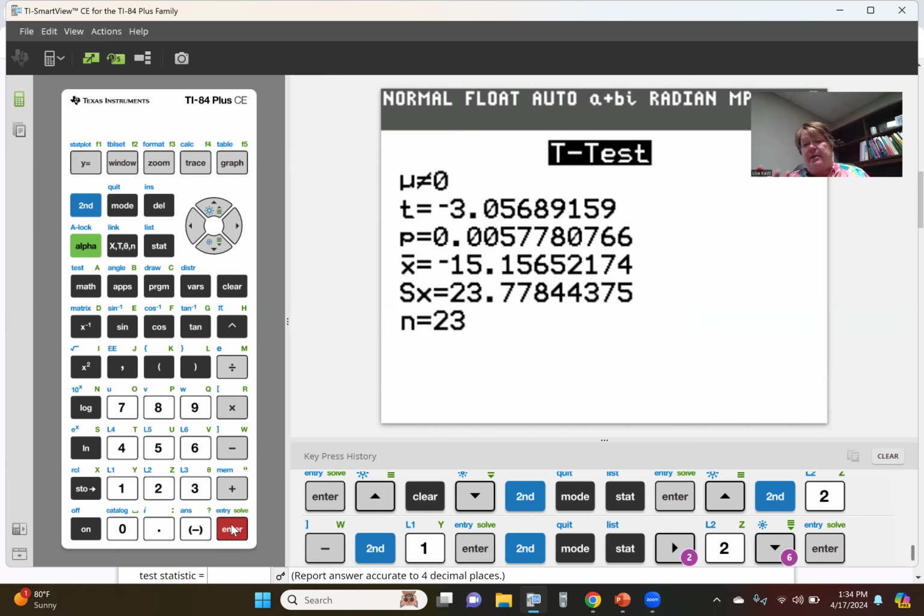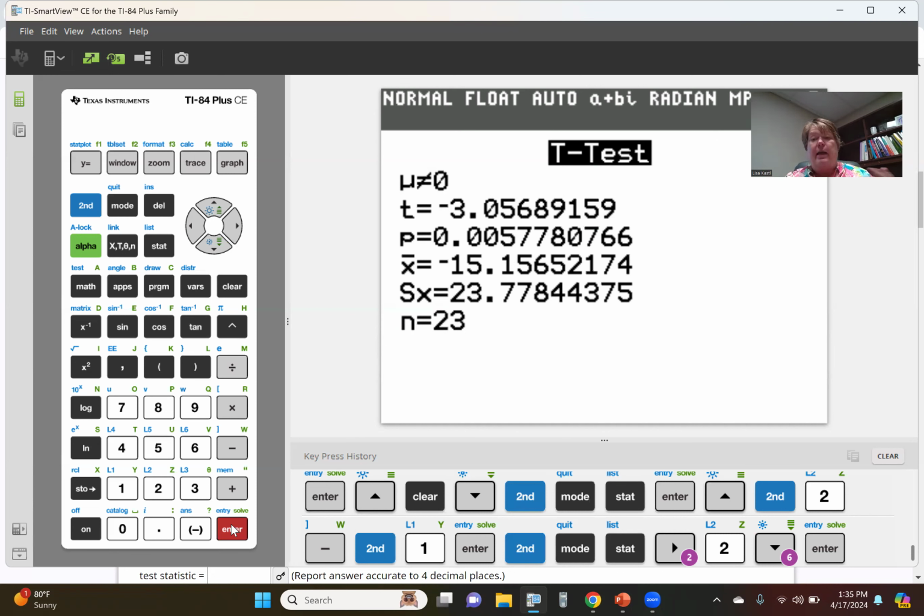Okay, so my test statistic, my t-score, is negative 3.0569, rounded to 4 decimal places. And my p-value is 0.0058 to 4 decimal places. It also calculates for me the mean of the differences, which is negative 15.1565, and the standard deviation of the differences.